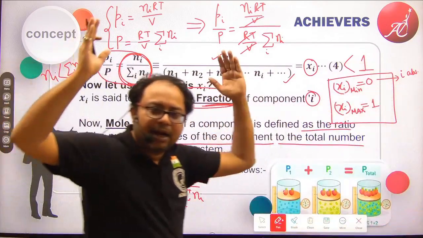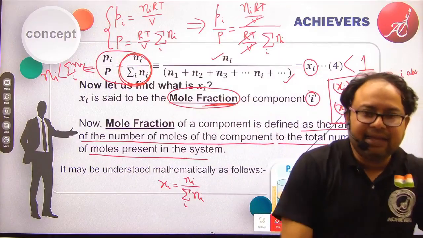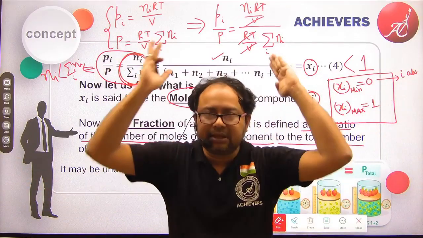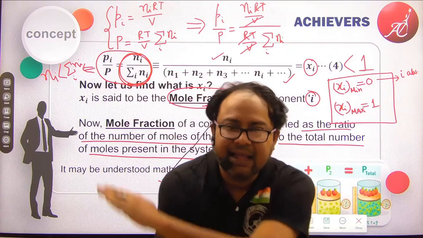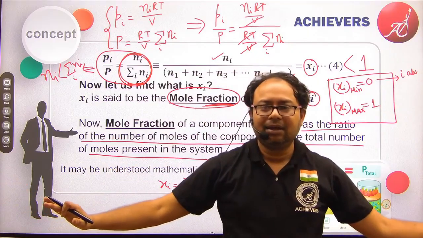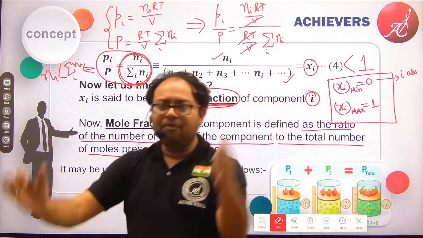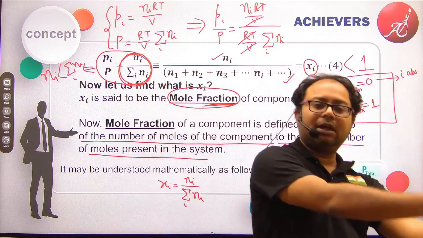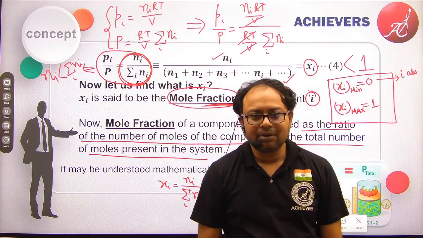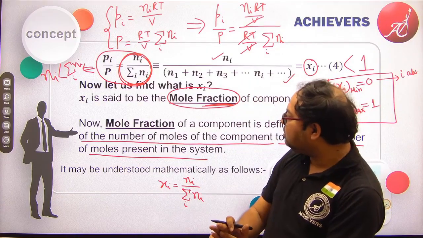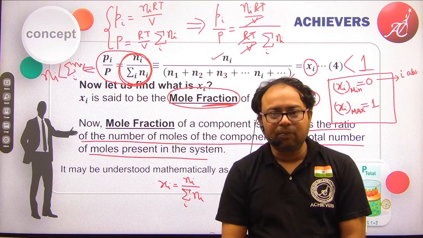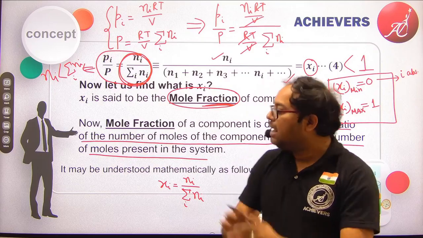Then obviously the number of moles of I should be equal to the total number of moles.